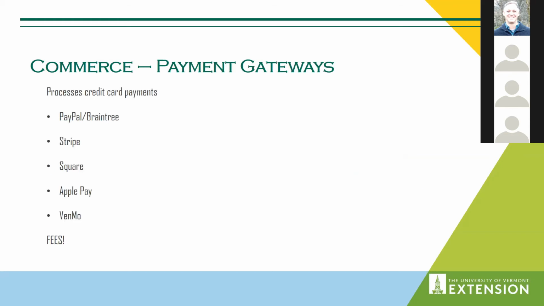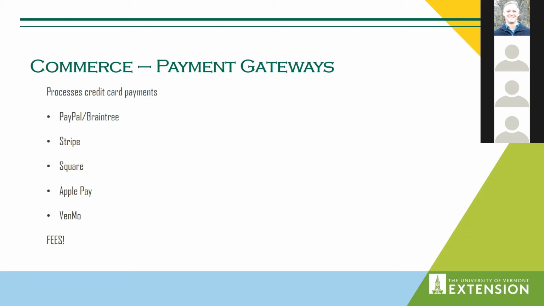Speaking of sales, the payment gateways that I recommend the most are PayPal and Braintree. And then Stripe, I feel, is the most reputable out there too. It integrates with all platforms. And then Square, which a lot of people that are already in farmers markets use, integrates with a lot of these platforms. Apple Pay works. Another point I wanted to bring up is the utilization of Venmo.